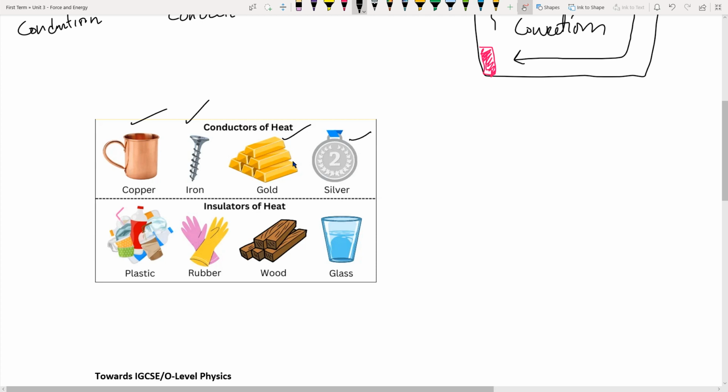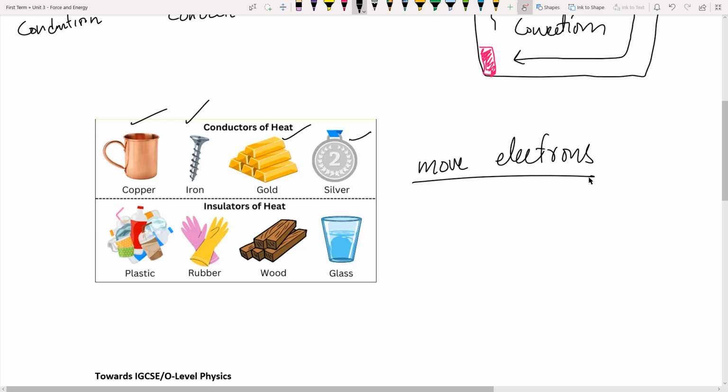These are all solids, right? And when we talk about insulators, we have objects like plastic, rubber, wood, and glass. And why these are not good conductors of heat, or why we call these insulators, involves the movement of electrons, right?